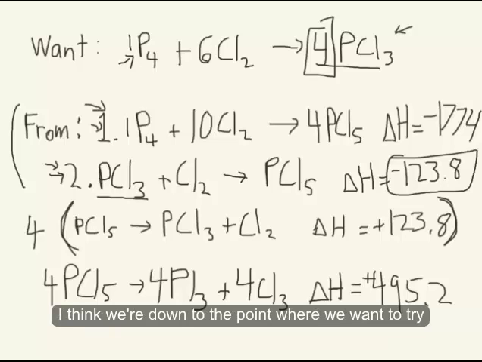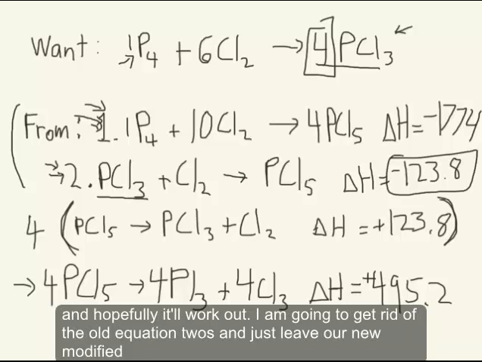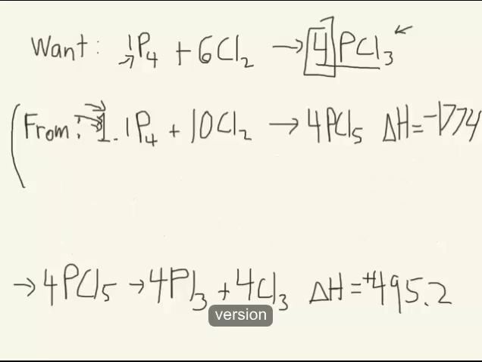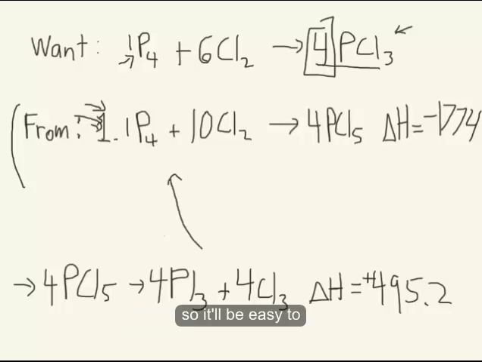So I think we've gotten to the point where we want to try adding together the first equation and our modified equation 2. And hopefully it'll work out. So I'm going to get rid of the old equation 2 and just leave our new modified version. Now I'm going to move it up here so it will be easy to add these equations together.